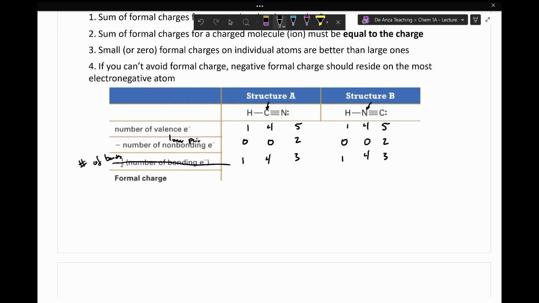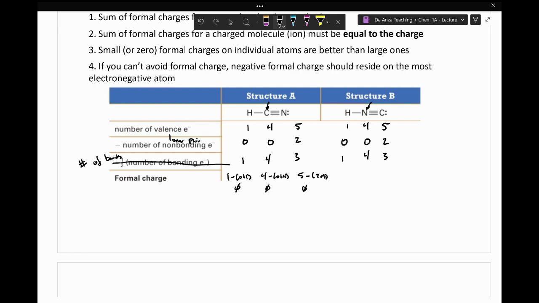And then we're going to take our first row and then subtract the second and the third. So for hydrogen, number of valence is 1 minus 0 plus 1, so that's 0. For carbon, we have 4 minus 0 plus 4, so that's 4 minus 4, so that's 0. And for nitrogen, we have 5 minus 2 plus 3, so that's 5 minus 5, so that's 0.